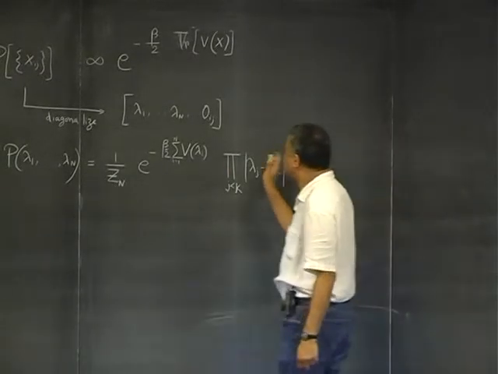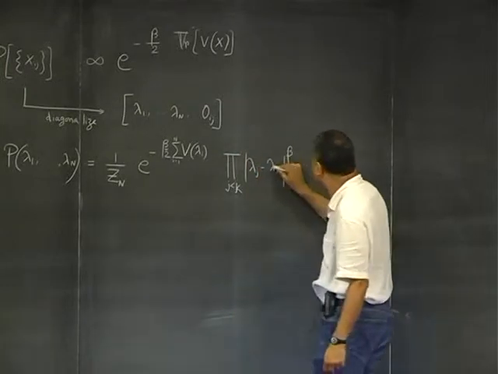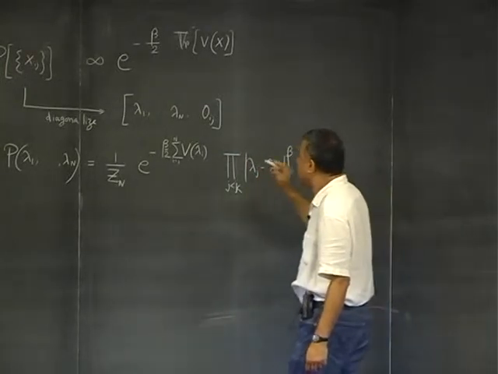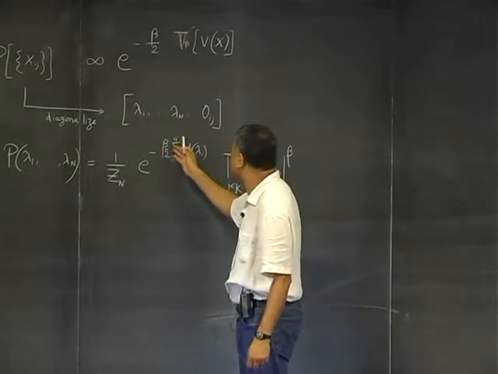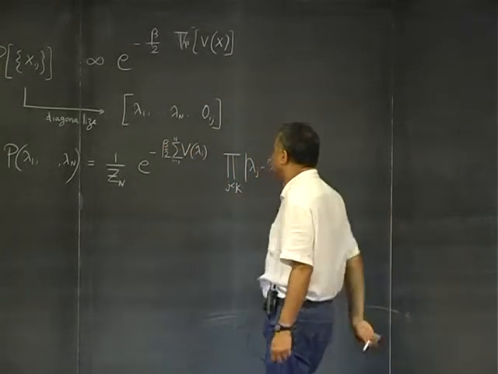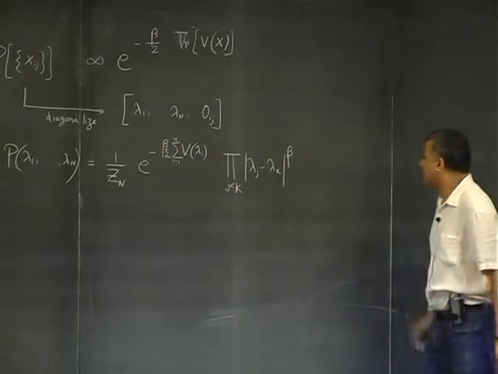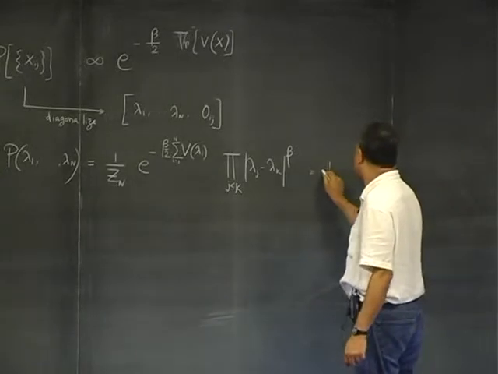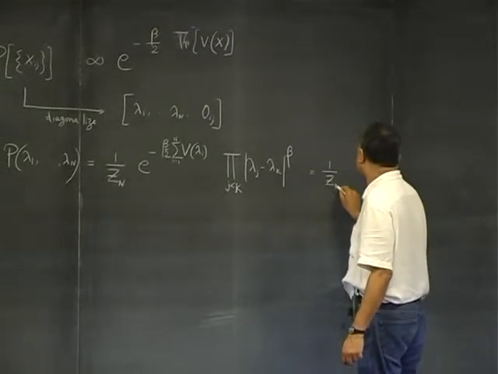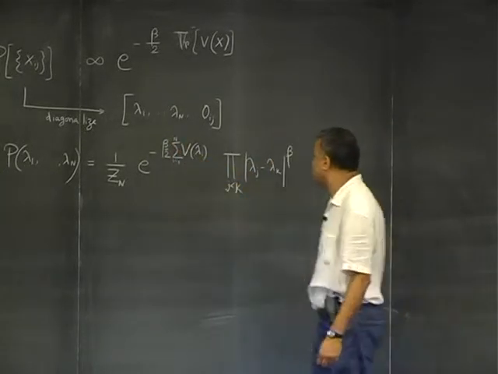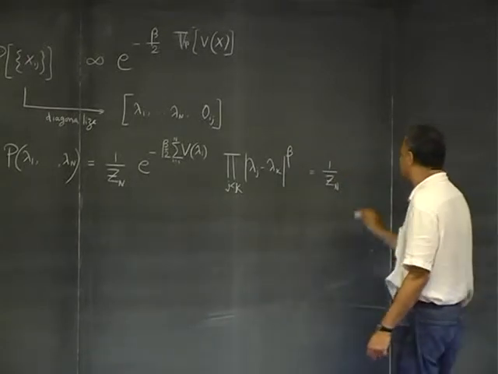But this beta is important here, the power of the Vandermonde term. But this beta here, I just put in by hand because it's just a constant, so I can put it anyway. And the reason I did that is so that I can write this as 1 over Z_n. This is not very important, but you can just rescale all the lambdas and write it this way.